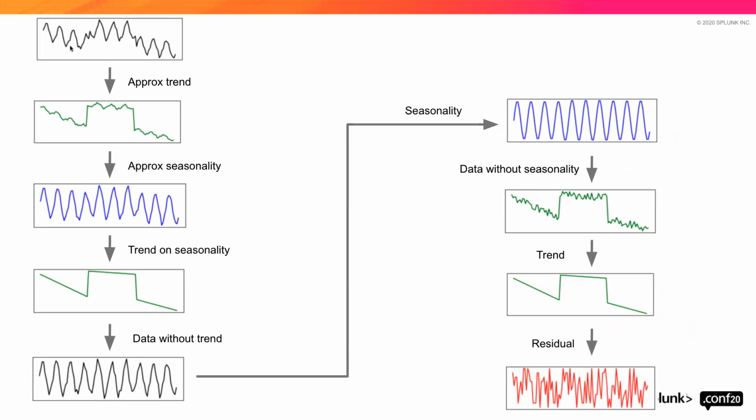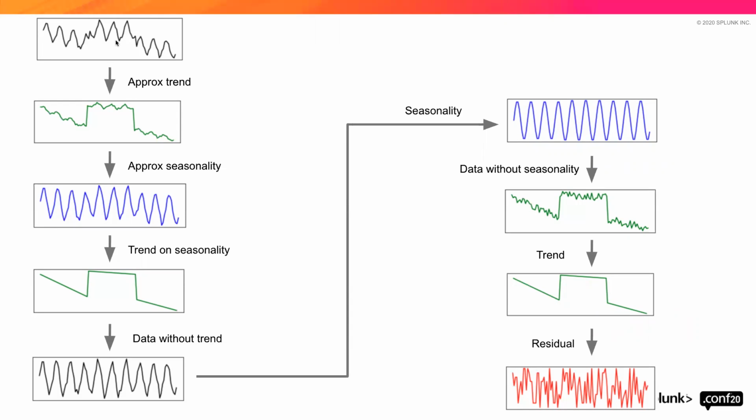So what happens is you start with the original time series. You first compute an approximation to the trend, and then from here you compute an approximation to the seasonality. I won't be able to get into the details of how. Now you can compute the trend on the seasonal part itself. So you've done a first pass over the time series as you've seen it. Think of a sliding window of a time series.